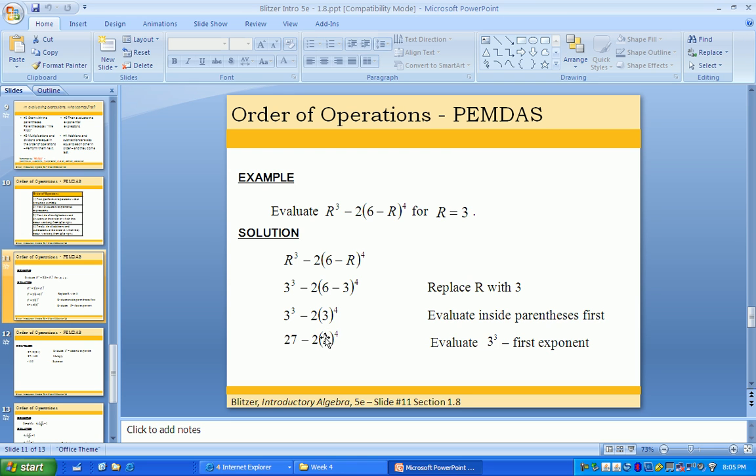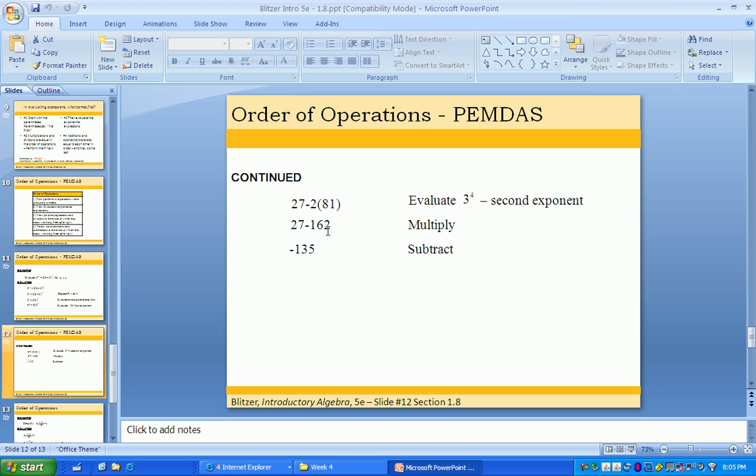So this is just 3 to the fourth. If we evaluate that, we get 27 minus 2 times 81. 3 to the fourth is equal to 81. And now we multiply the 2 times the parentheses. We'll get 27 minus 162. And our final answer is going to be negative 135 if we do the subtraction.